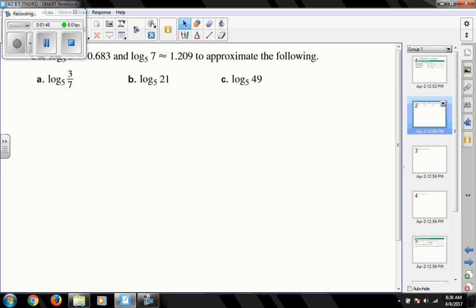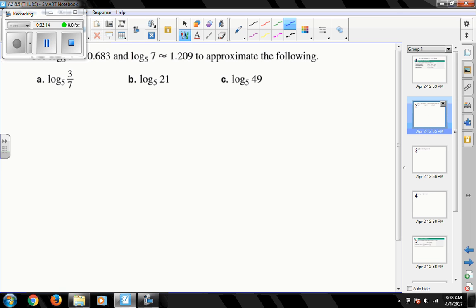We're going to use the fact that log base 5 of 3 is approximately 0.683, and log base 5 of 7 is approximately 1.209. And we want to be able to find, first, log base 5 of 3 divided by 7, or 3/7. What we want to be able to do is use that property. 3 divided by 7, that's division.